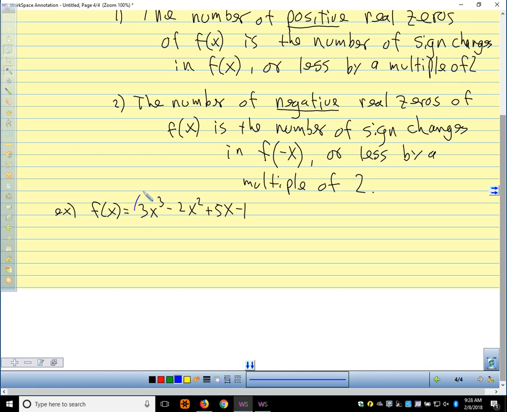Here we have positive to negative, one sign change. Here we have negative to positive, one sign change. And here positive to negative, one sign change. So we have 3 sign changes. So Descartes' rule of signs says we have 3, or I have to go down by a multiple of 2, 3 minus 2, so 3 or 1 positive real zeros.